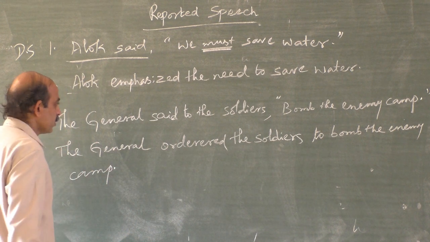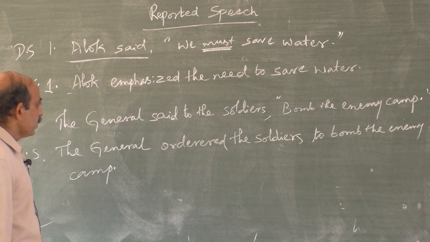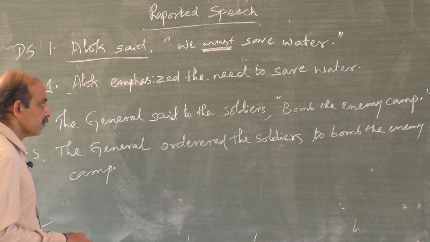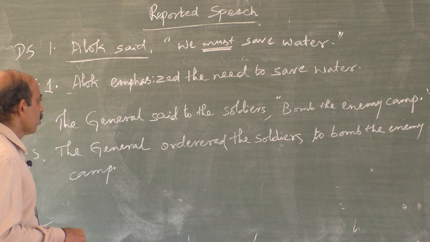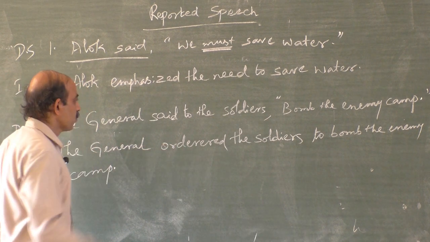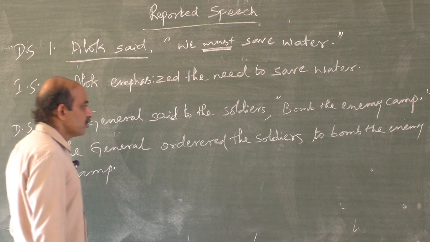So look at the sentence. It is an imperative sentence, and that is why an imperative sentence is an order. Since it is an order, we have to use "ordered," the past form of the verb order, the soldiers.